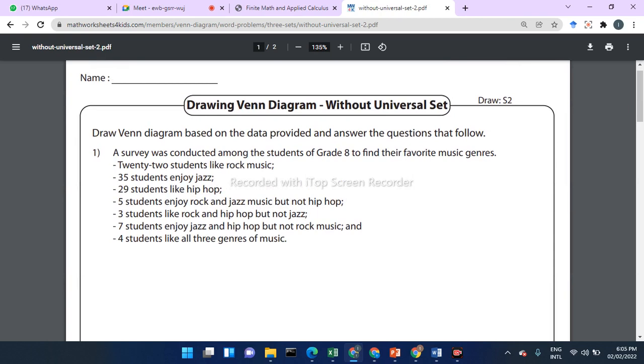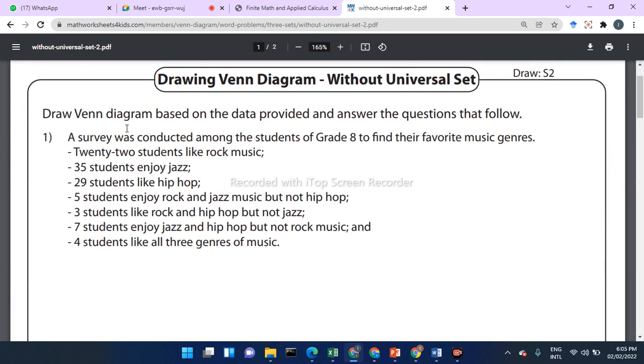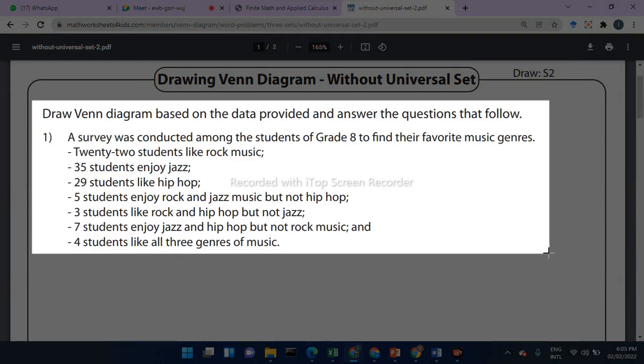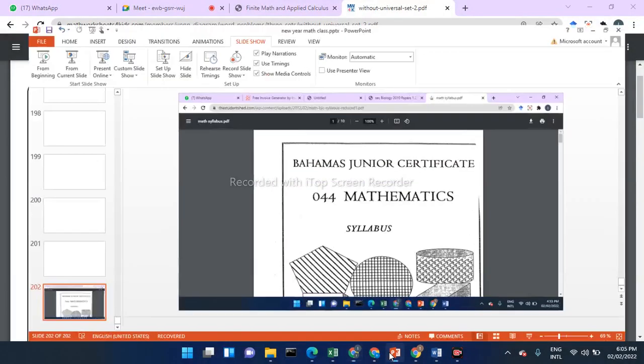Okay, good. So here it says drawing Venn diagram without universal set. It says draw a Venn diagram based on the data provided and answer the questions that follow. A survey was conducted among students of the 8th grade to find out their favorite music genres.